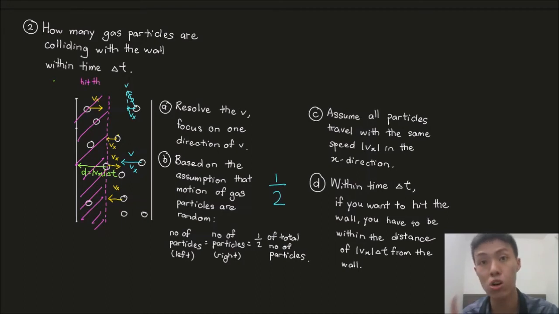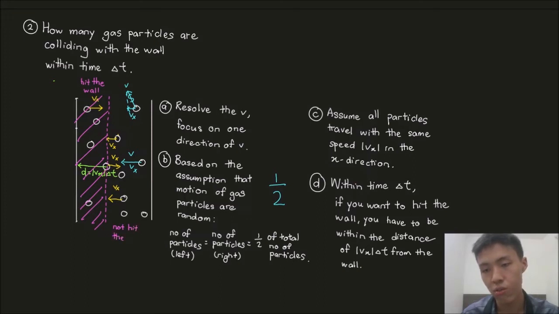Okay, I'm assuming all the particles are moving to the left, based on the assumption that I made in B. I'm only talking about half of the total particles. So all these particles are moving to the left, but only particles in this region here will hit the wall. Particles on the other side here will not hit the wall.